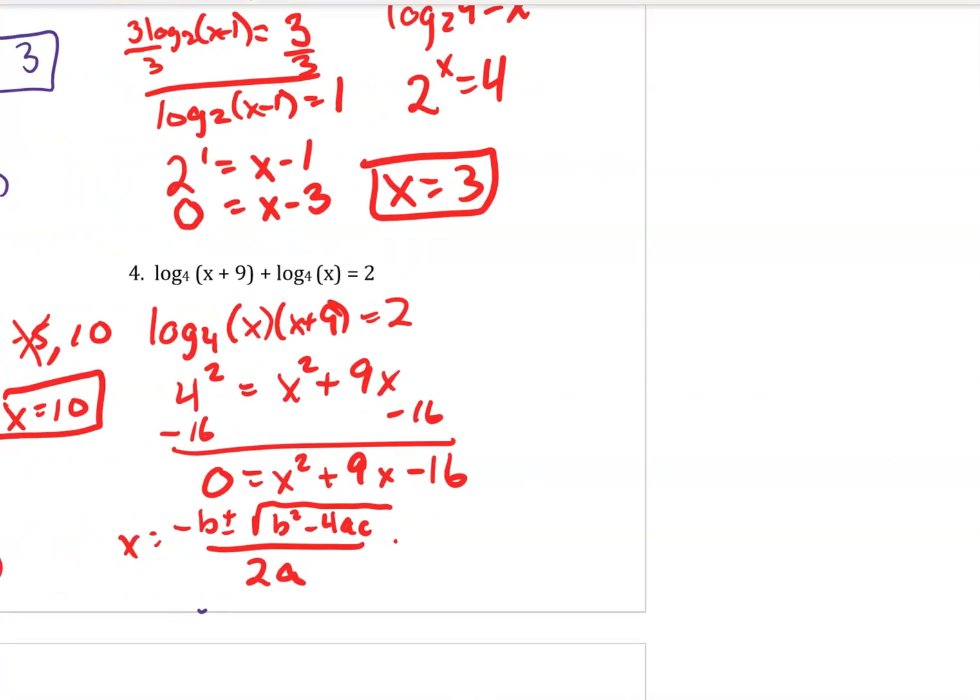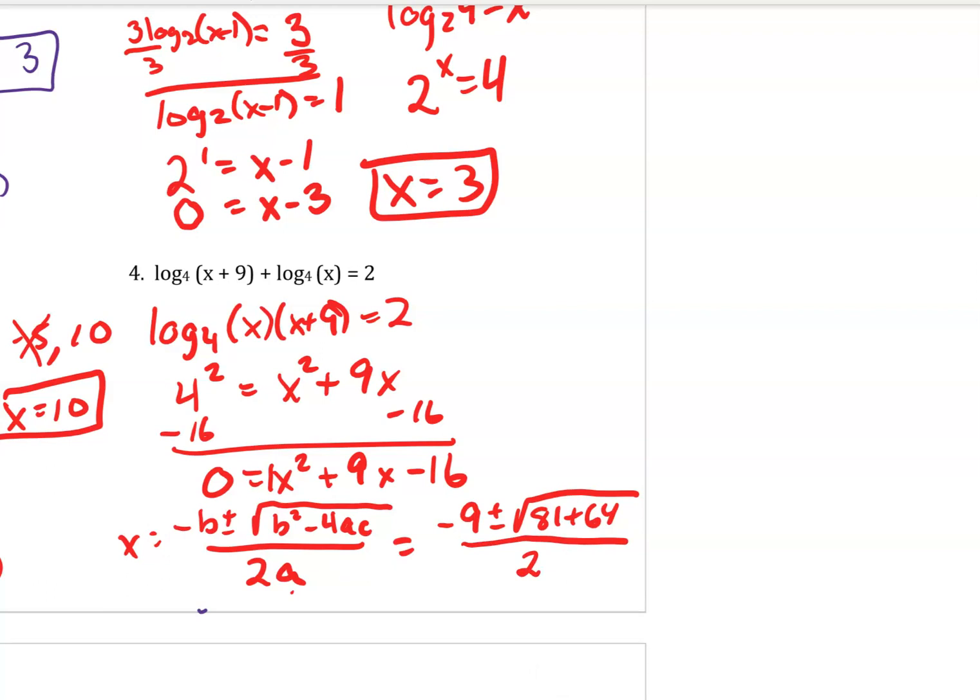So b is 9, negative 9 plus and minus the square root. b squared is 81, minus 4 times 1, which is a, times c, which is negative 16. Negative 4 times negative 16 is positive 64. And all of that is divided by 2 times 1, 2.